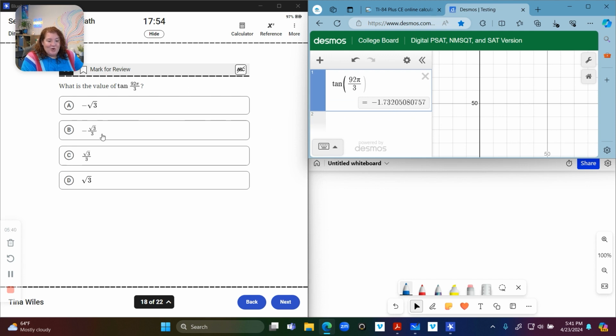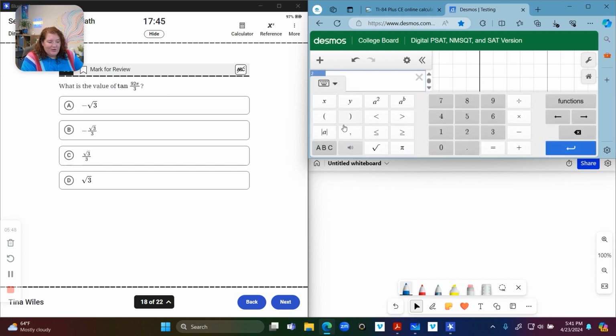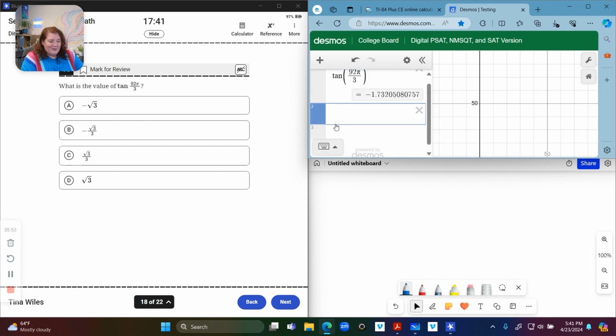I have no idea which answer choice is negative 1.73, so I'm just going to type in my answer choices. I typed pi for pi. You could also get that here. So I'm going to do negative, same thing, square root. I could type in SQRT, or I could do it that way. And look at that, I got the same answer.